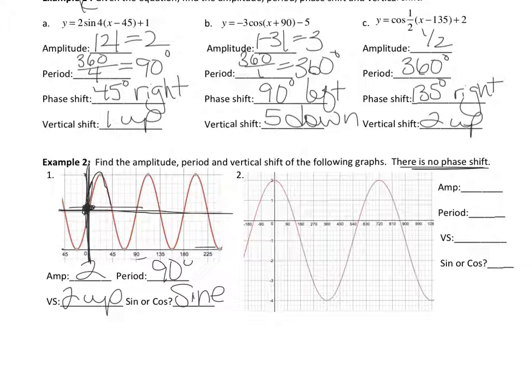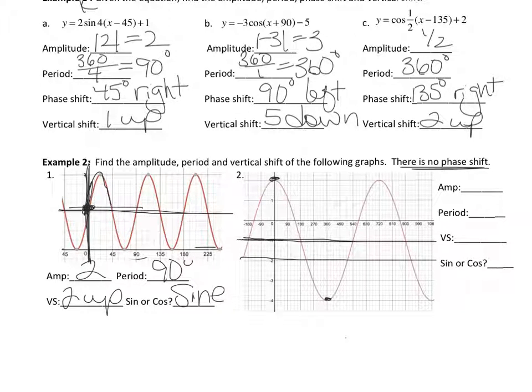Maybe you should pause the video and try number 2 on your own. When you're finding the amplitude, you might want to find the midline first. This graph has a high point at +2 and a low point at -4. Halfway in between those points is y equals -1.